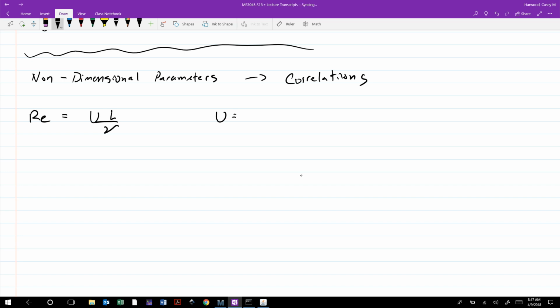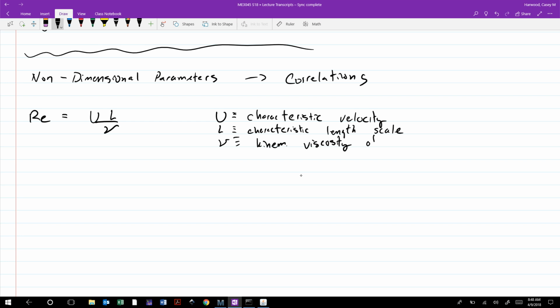So, U in this case is our characteristic velocity. L is our characteristic length scale, and nu is our kinematic viscosity of the fluid.